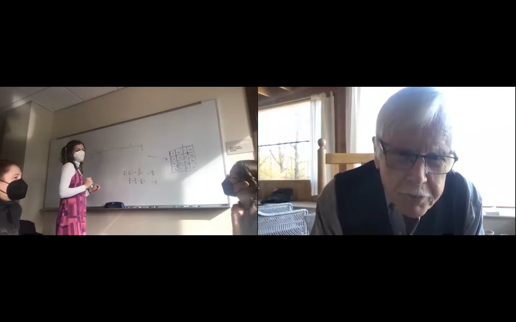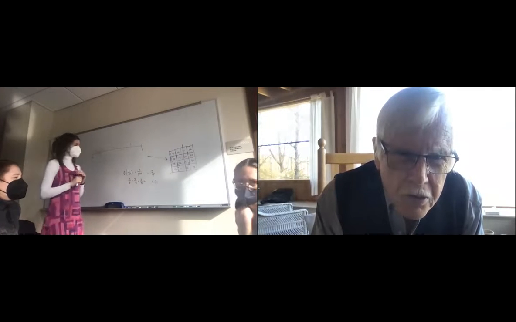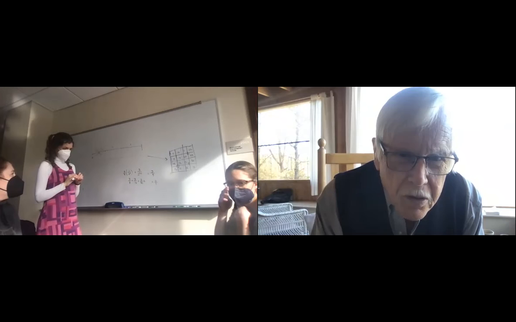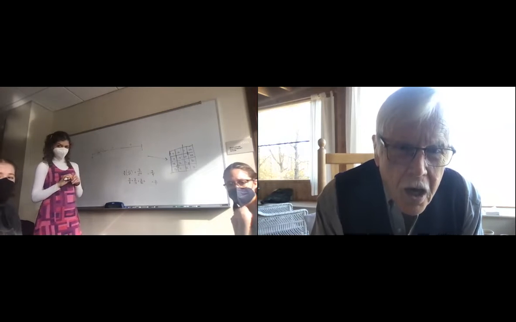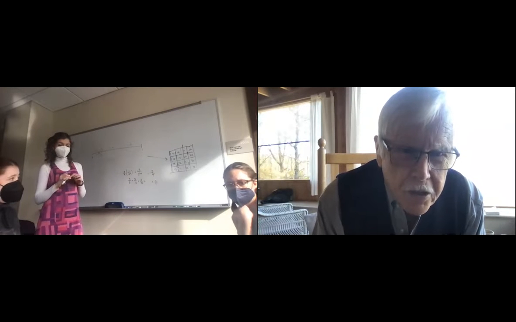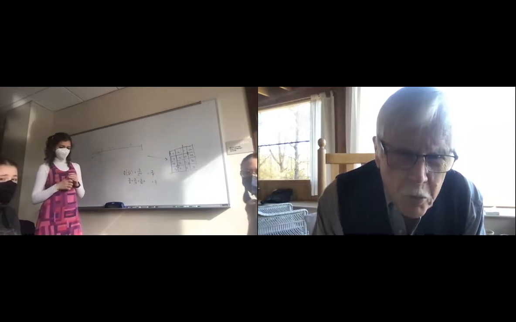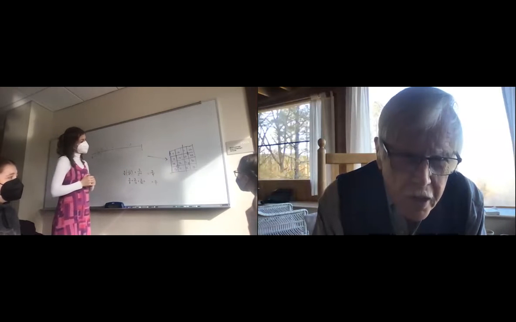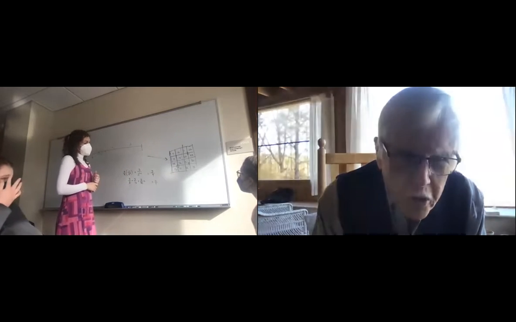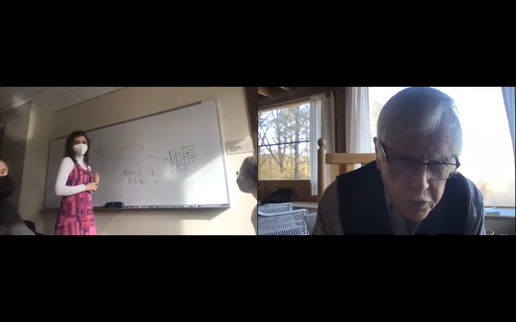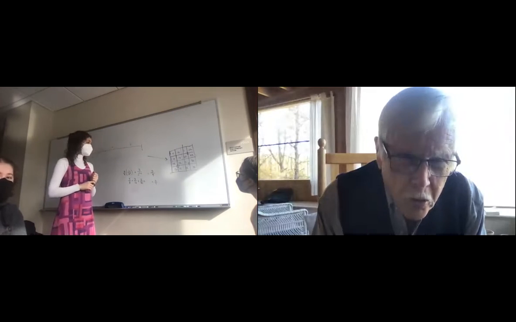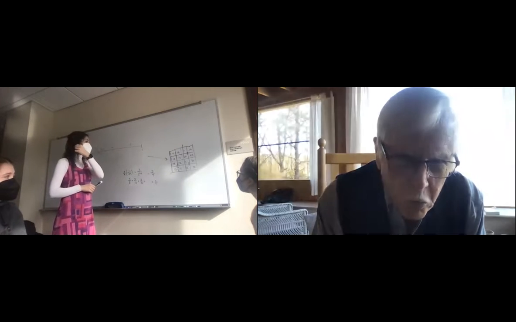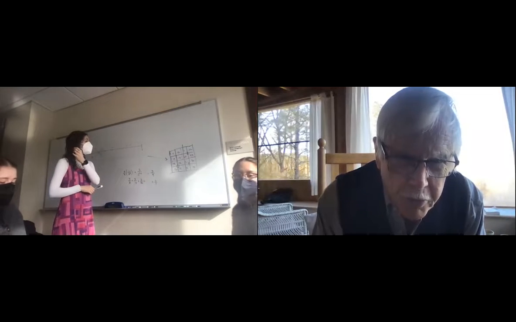What was that, Abby? Is it like we take out 2 from 2 and then 2 from 3? I think if you look on the right-hand side, you can see what it is. Out of the first interval, you are going to keep 0 and 1 and eliminate 2 and 3. Am I right?